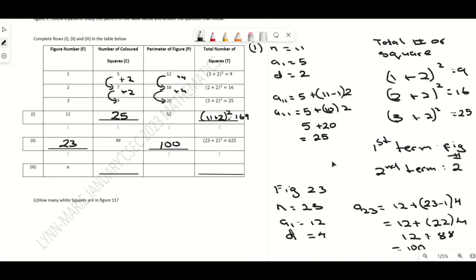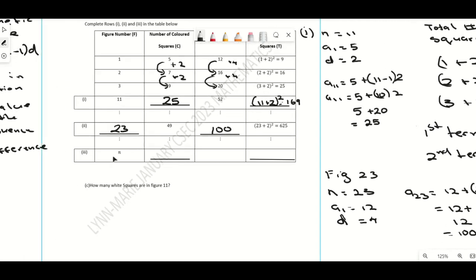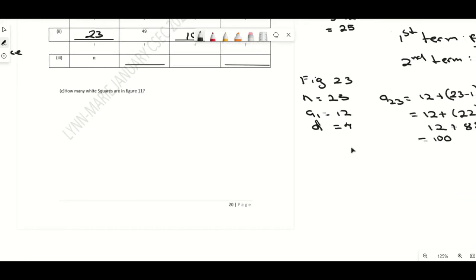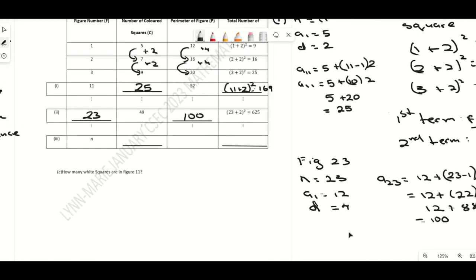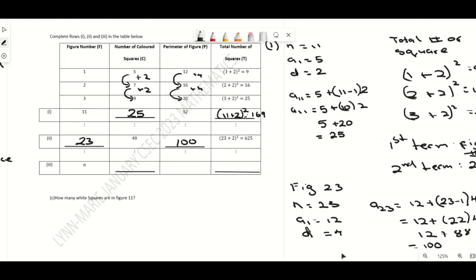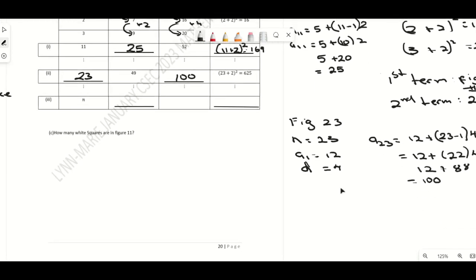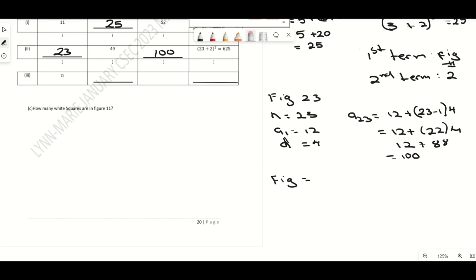Right, and now let us find the formula for when your figure number is n. So for this last part here, part 3, is where they told you to find your formula, where your figure number is actually n.